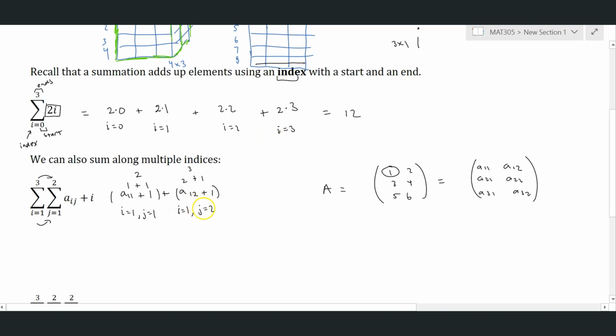All right, well, notice that j is maxed out. We've reached the maximum index for j. So at that point, we increment the I index, so now I becomes 2, and we reset the j index back to 1. So we'll have I equals 2, j equals 1, and then we'll have I equals 2, j equals 2.